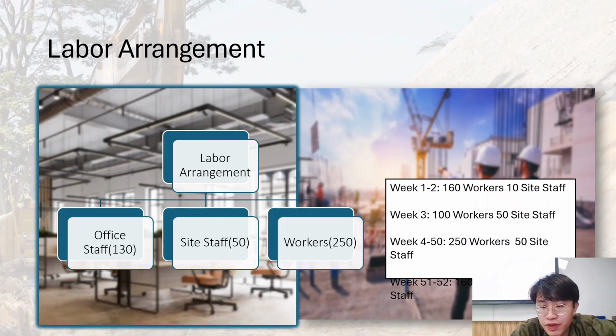For weeks 4 to 50, the maximum workload will be provided as the construction proceeds, and 50 members of site staff will be situated on site. For the last 2 weeks, there will be 160 workers and 10 site staff for the demolition and the cleanup for the future development.